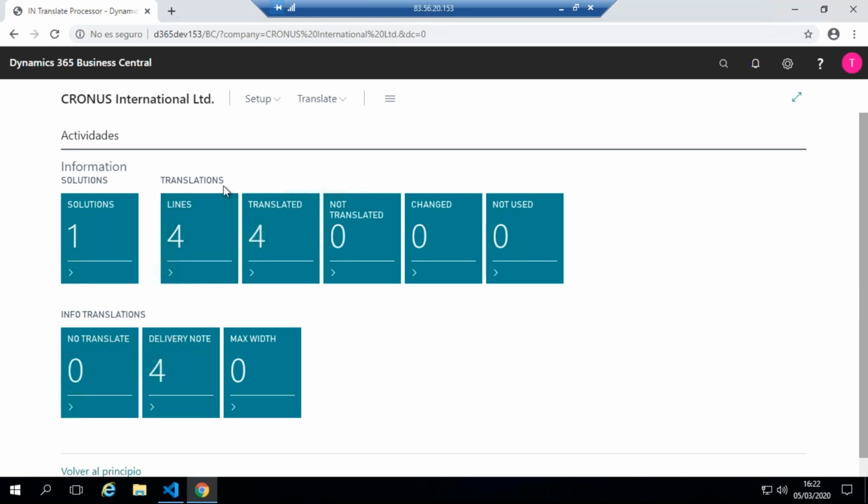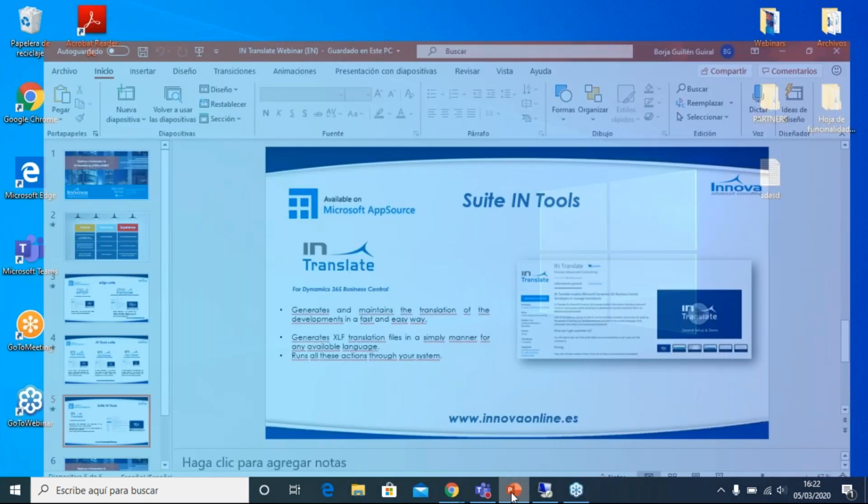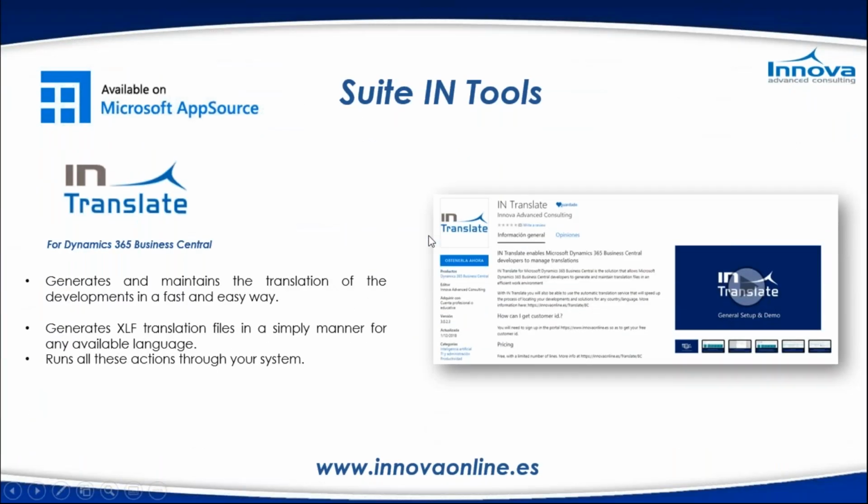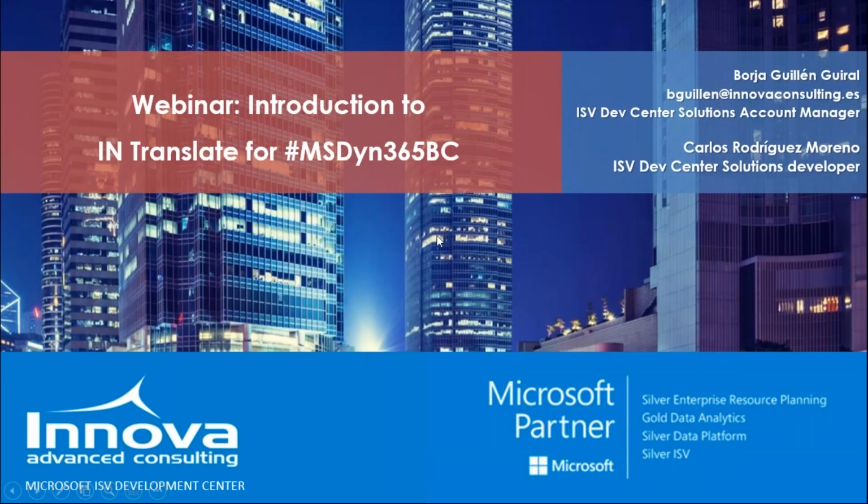Now, if we surpass this quantity, the system will display the exact amount of translated lines within our system. So basically, overall, this is what our solution is able to do right now. There are further functionalities, but they are defined in the help section.